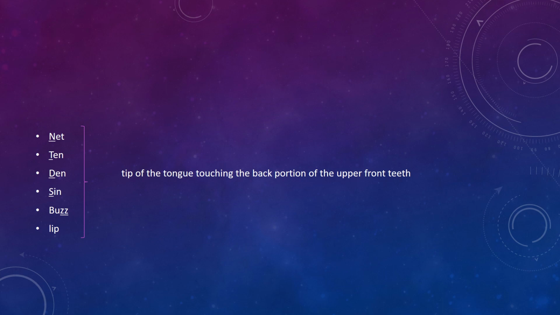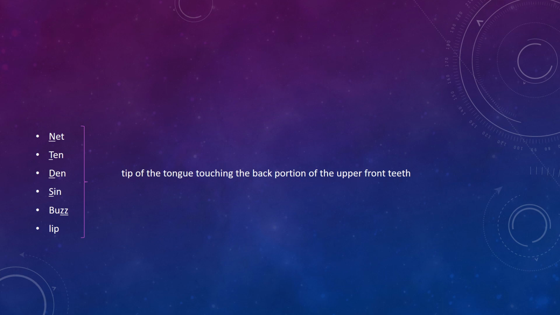The next set of speech sounds or consonant sounds are na, ta, da, sa, za and la, as in net, ten, den, sin, buzz, lip. Do you think that there is any similarity in the articulation? Try to observe.